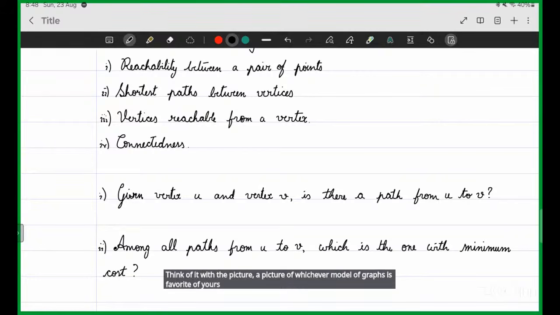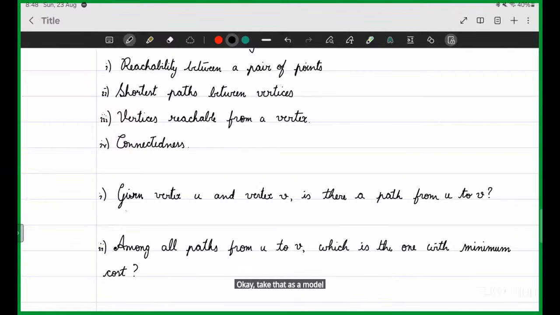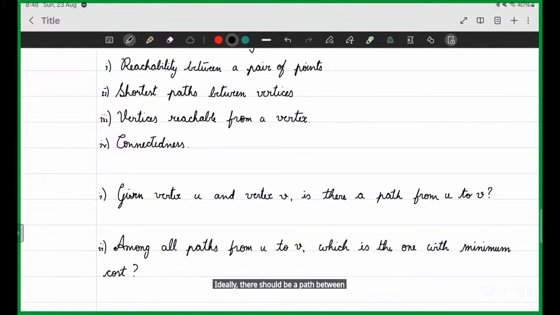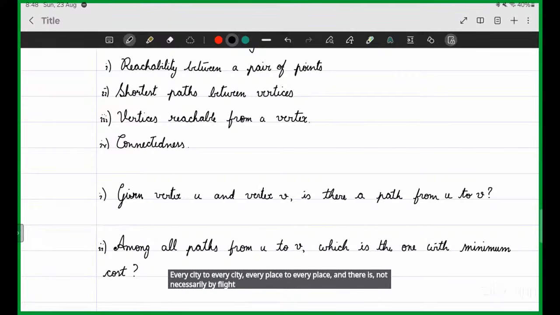You can take that as a model and think. So for the reachability thing, flight connections between cities is a very good model, right? So this is a very reasonable question. Is there a path from U to V? Ideally, there should be a path between every city to every city, not necessarily by flight, but if you include more modes of transport, you will get that, and then there will always be multiple paths.